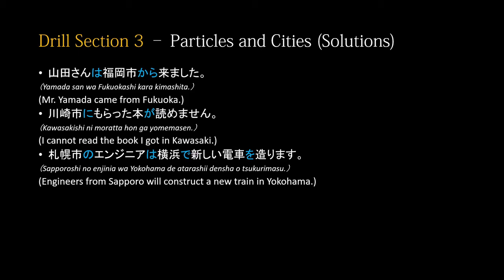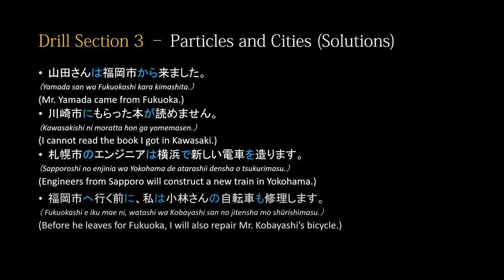So once again, the most basic and the most important usages are seen here. Wa the topic, de the location, o the direct object, and no to once again mark ownership or possession in this case.